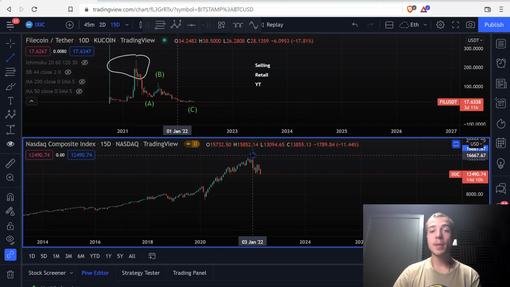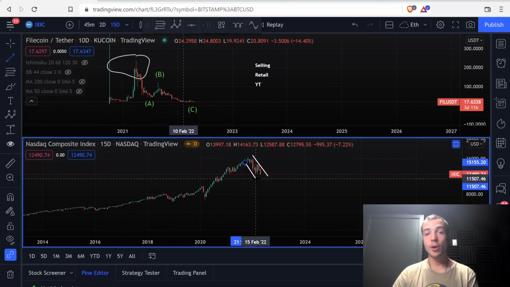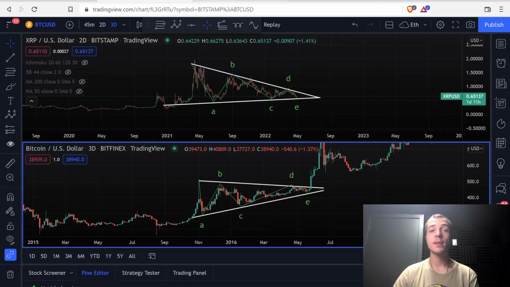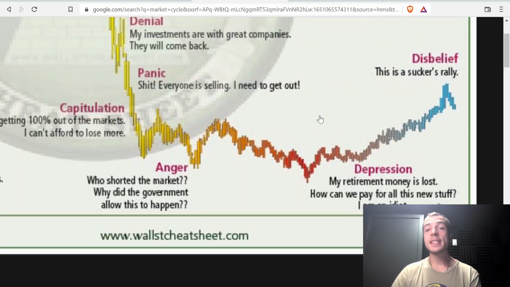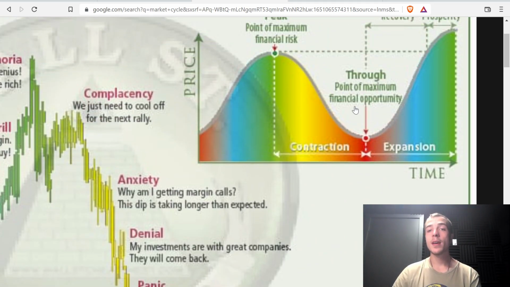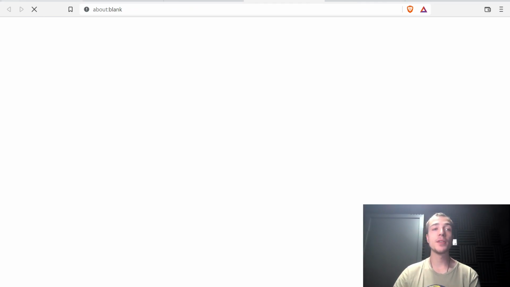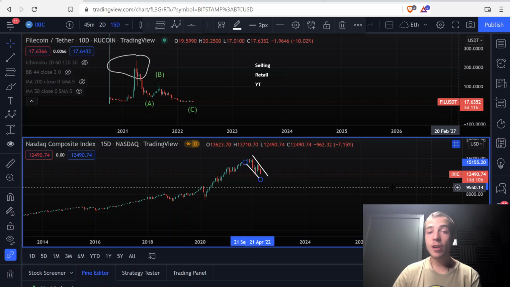Yet just like crypto, everybody's bearish on it because the majority of the market, it's a market cycle, whether in the big time frame or the small time frame, the majority of the people sell at the contracted point, the point of maximum financial opportunity where they should be buying. And that happens on macro time frames and micro time frames.